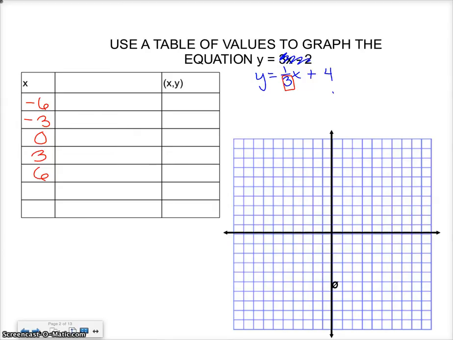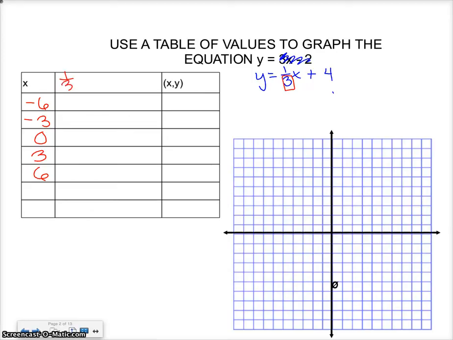Let me repeat. I chose those because they are divisible by 3. So it's going to turn into a whole number. I don't have to deal with fractions. Anytime you have a fraction, make sure you pick numbers that are divisible by the denominator.